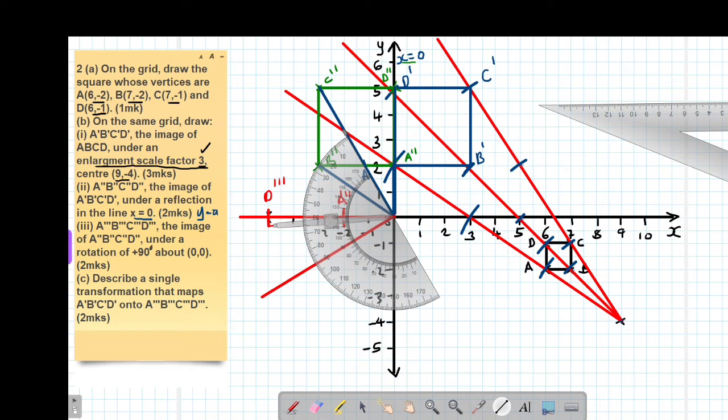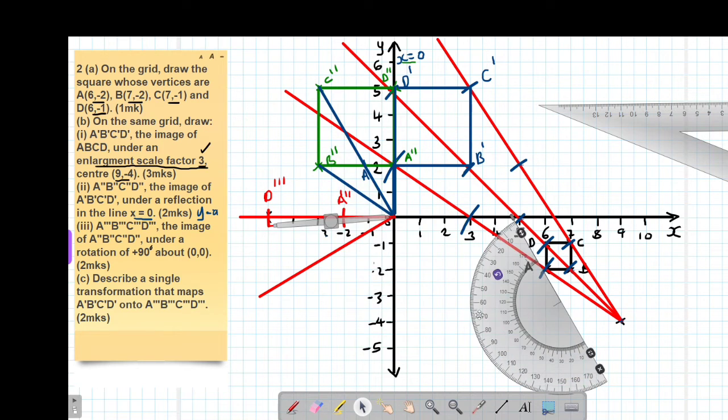Then using my pair of compass, I'm going to ensure that the distance from the center of rotation to point C is the same as the one of the image that I need to obtain. With that distance, I simply perform the rotation. So this point should be here. So this will be C prime prime prime.